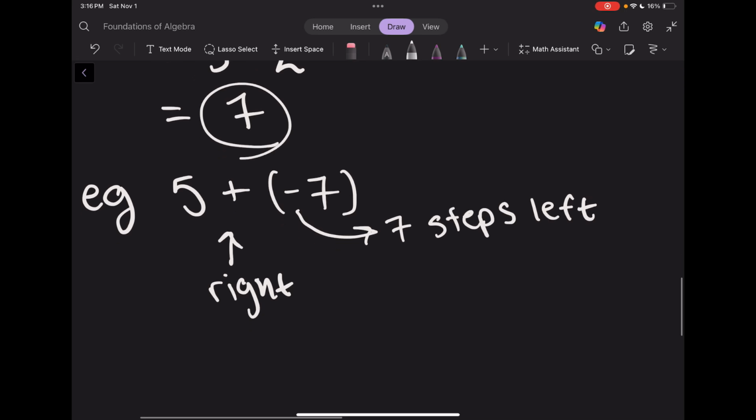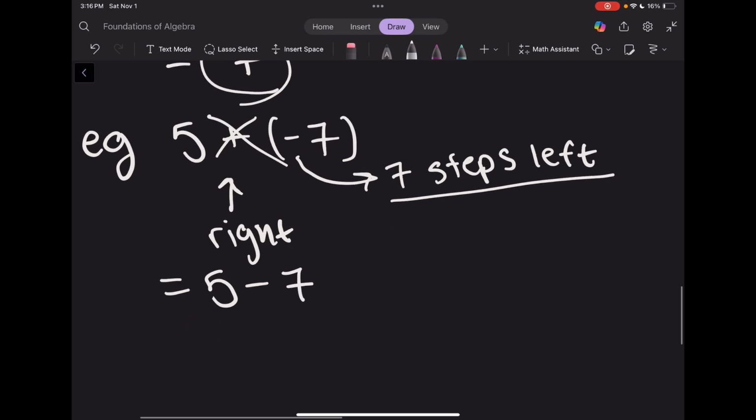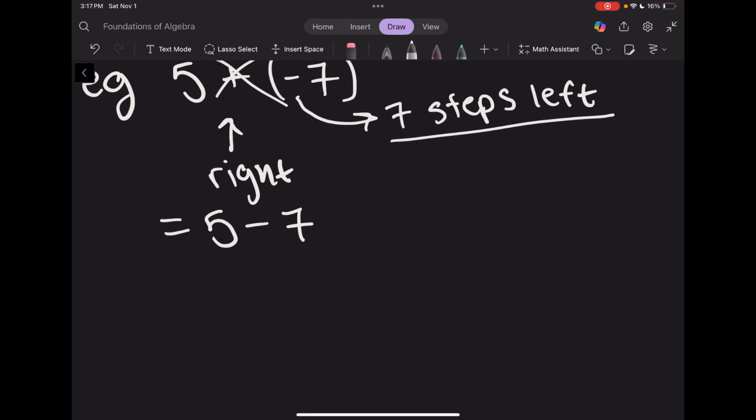So then what happens is that this just cancels out, right? Because we're moving 7 steps to the left, and it becomes 5 minus 7, and we get -2.